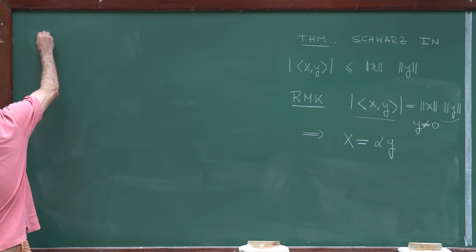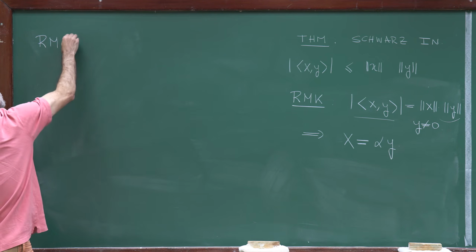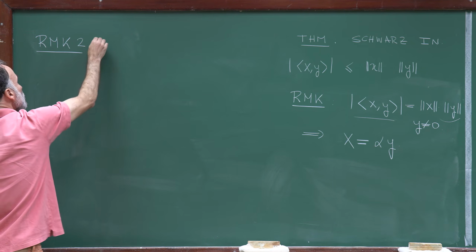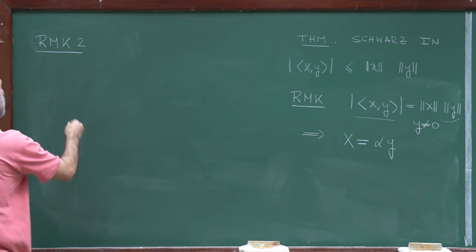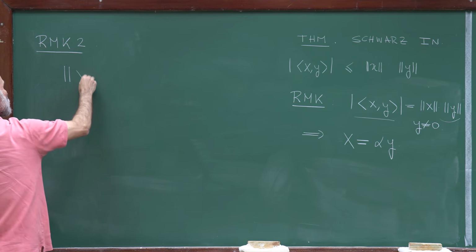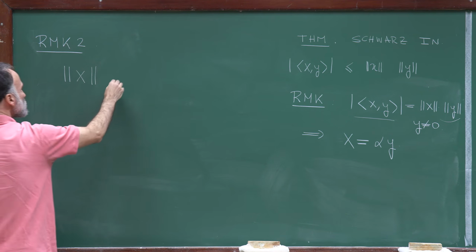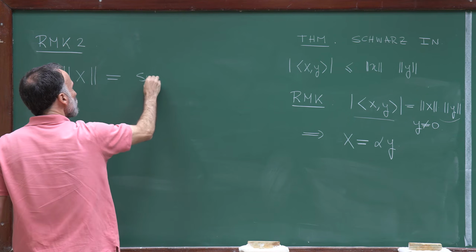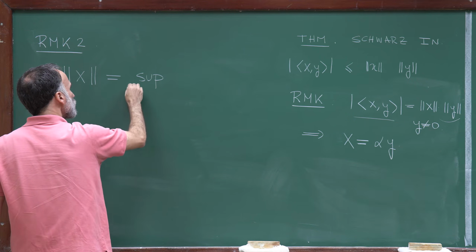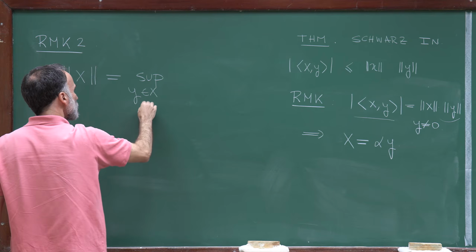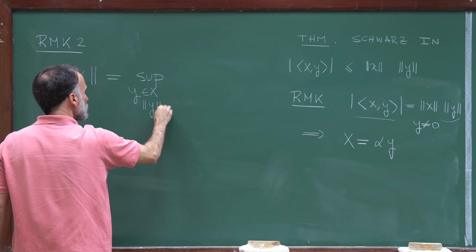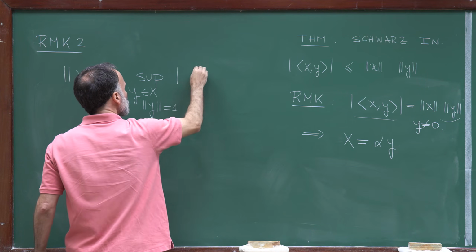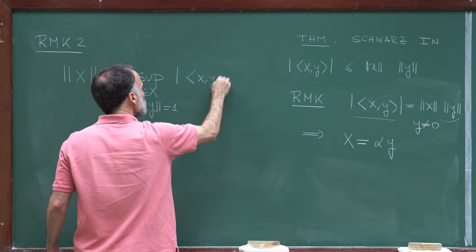So a second remark before we prove the triangle inequality is that you also have that the norm of x is equal to the supremum over all y with norm of y equal to 1 of the scalar product of x and y.